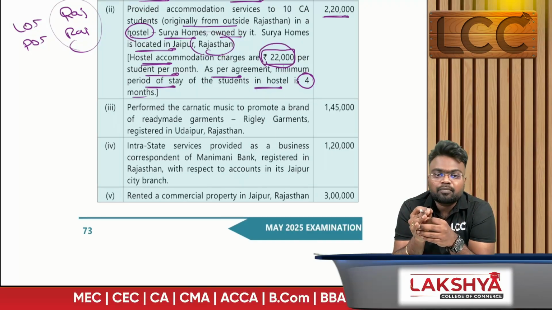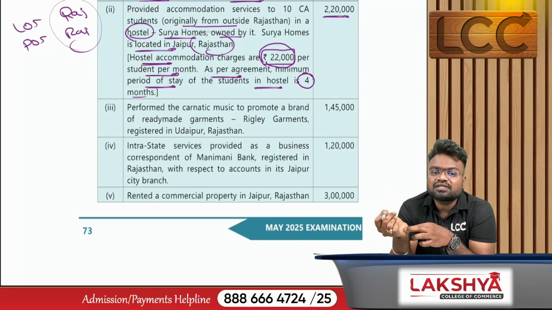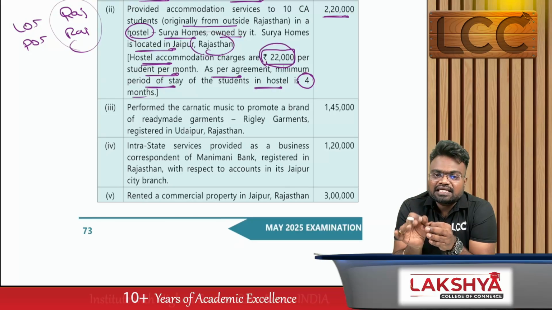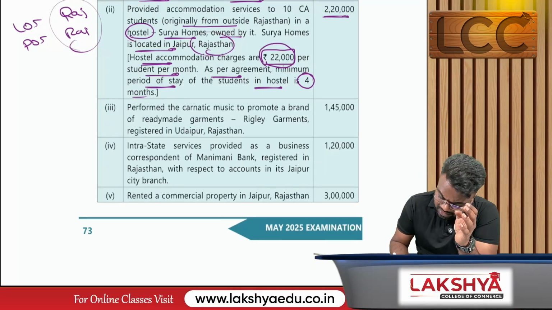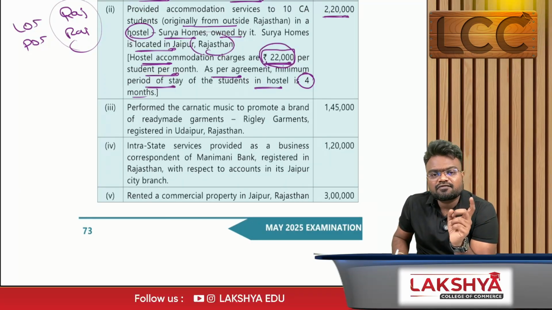So here, the important thing is in the question, in the main paper, if at all hostel charges are rupees less than 20,000, in that case, no GST will be levied. Okay now, but in the given case it is more than 22,000, so we need to charge GST. And what is the nature of supply?